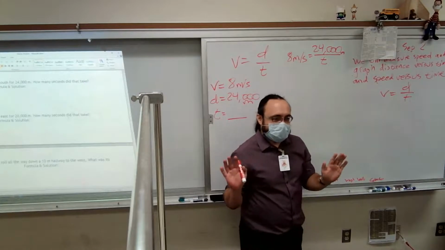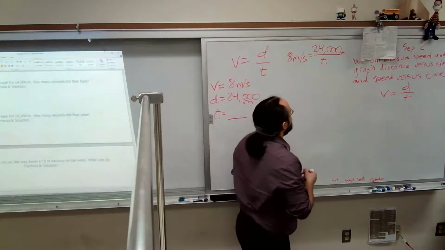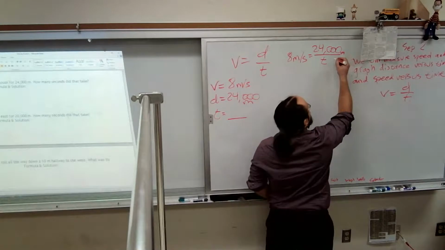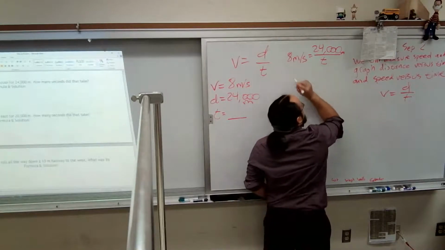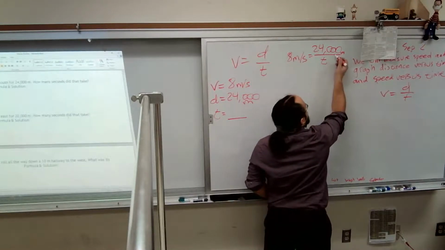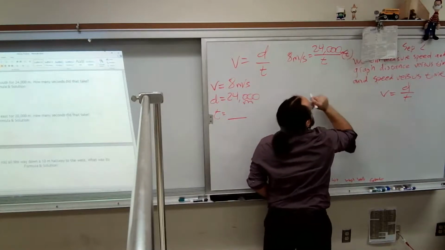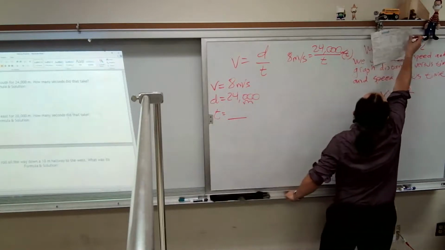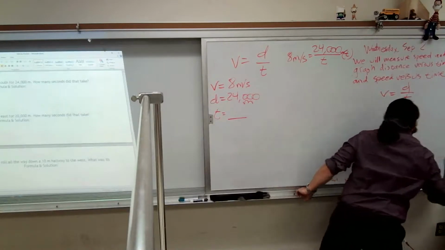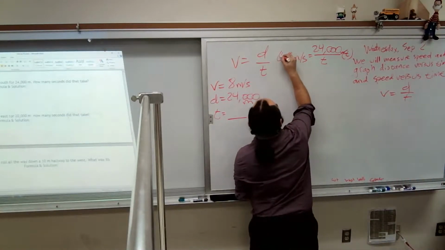So when you're solving for something on the bottom, the first thing to do is move this t over here. So first we make it cancel on this side. It says divided by t, so I will multiply both sides by t. Multiply by t.